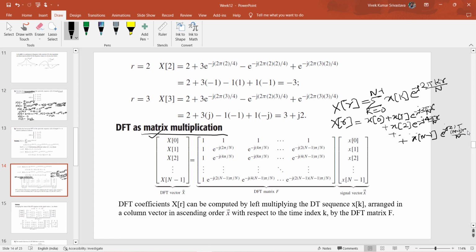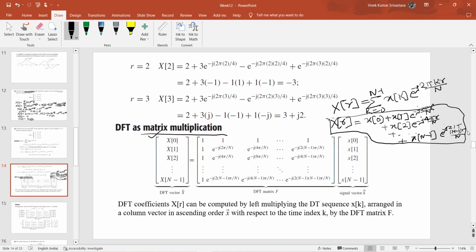So this we can get after expanding the expression of the discrete Fourier transform.